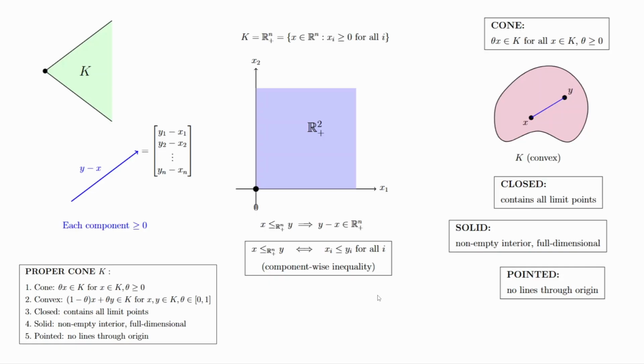Therefore, for each i, yi minus xi, the components of y and x, must be greater than or equal to 0. So the generalized inequality over the positive orthant simply means component-wise inequality: each entry of y is greater than or equal to the corresponding entry of x.